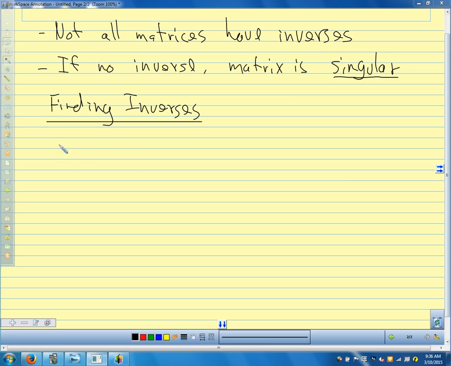For a 2 by 2, for example, let's say we had a matrix A, which is the matrix A, B, C, D. We know A, B, C, and D, we have some numbers, and we want to find the inverse. We don't know the numbers that go in the inverse matrix, so I'm going to call them X, Y, Z, and T.